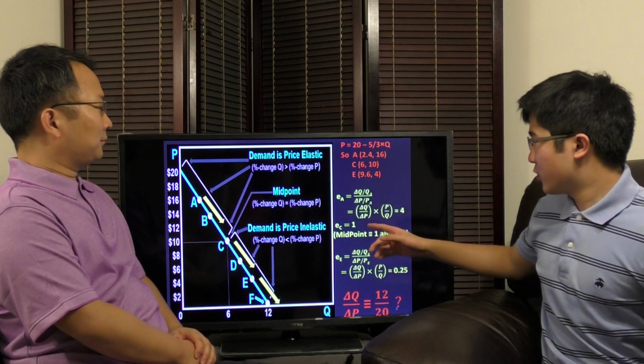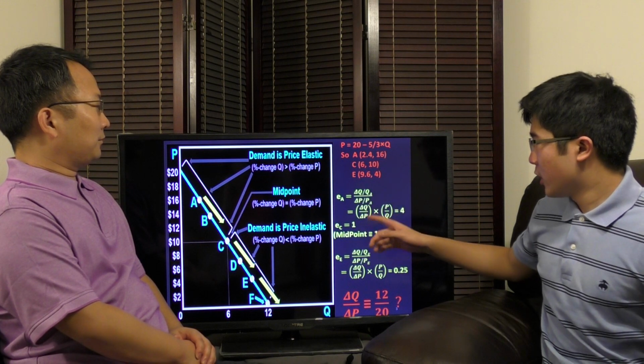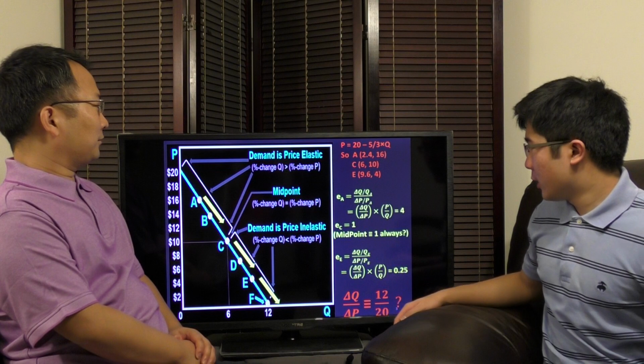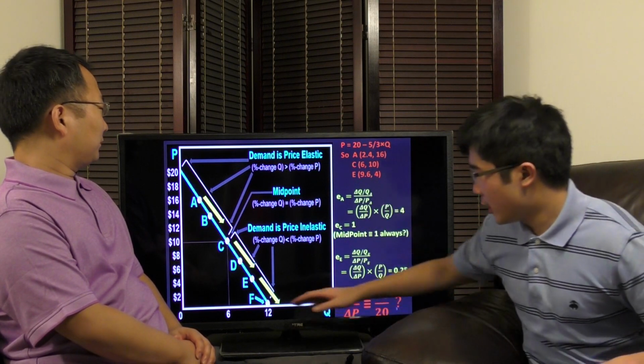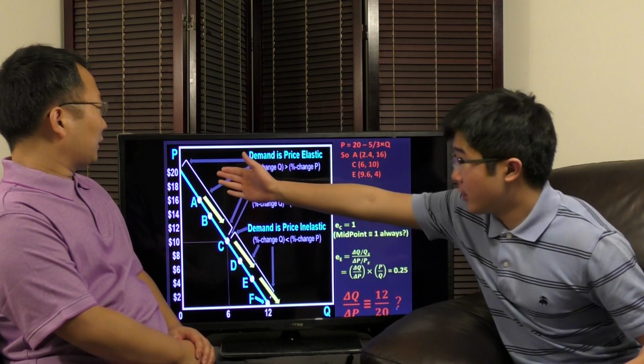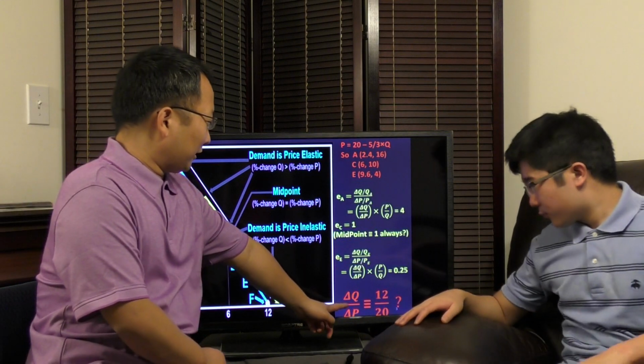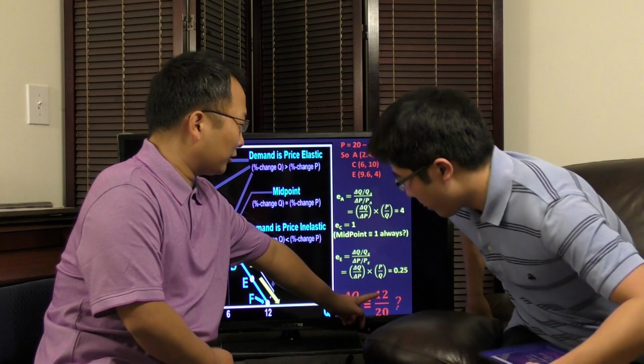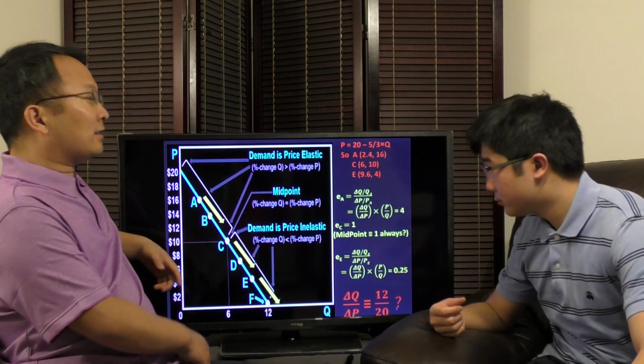We can change this equation into delta Q over delta P times P over Q, which equals 4. Delta Q over delta P here is 12 over 20. Why? Because of simple geometry.